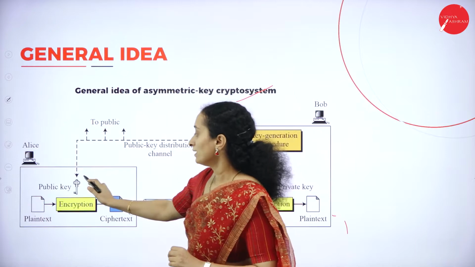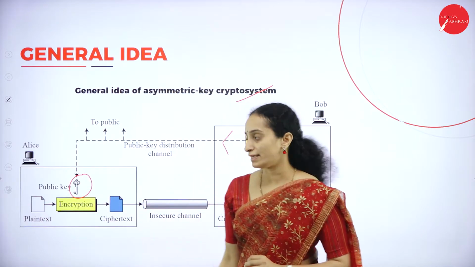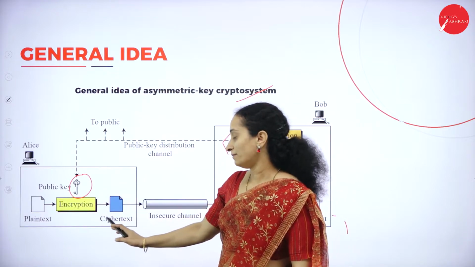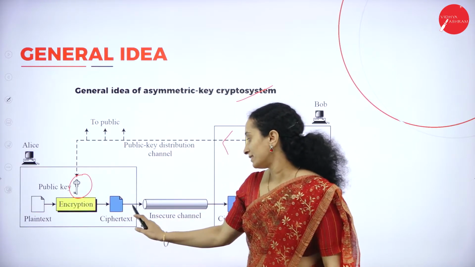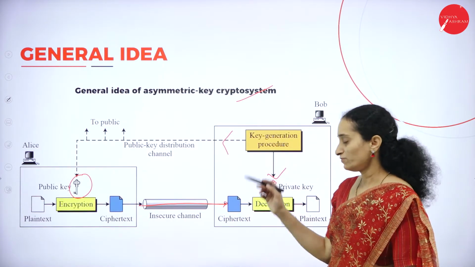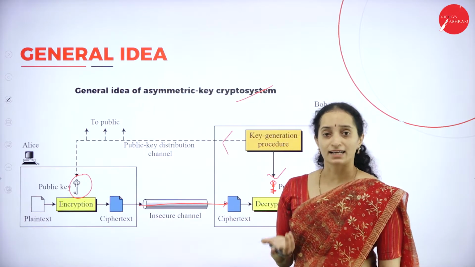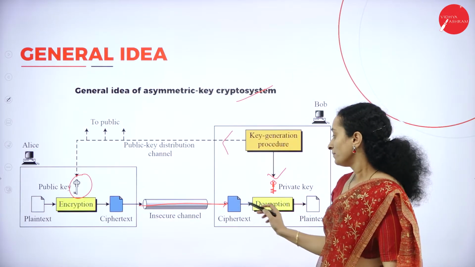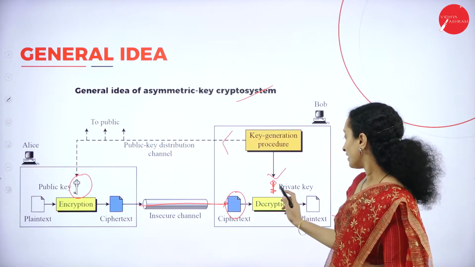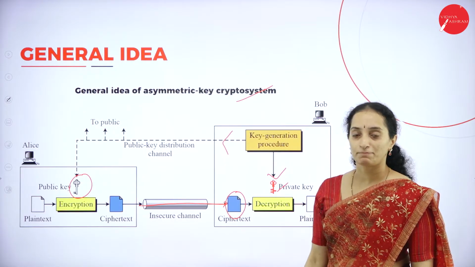Okay. The sender will receive the public key. He'll use it for encryption and get the ciphertext. Ciphertext will be transmitted over an insecure channel, which can be viewed by the attacker or the adversary. So the ciphertext is decrypted by combining the public key and the private key.